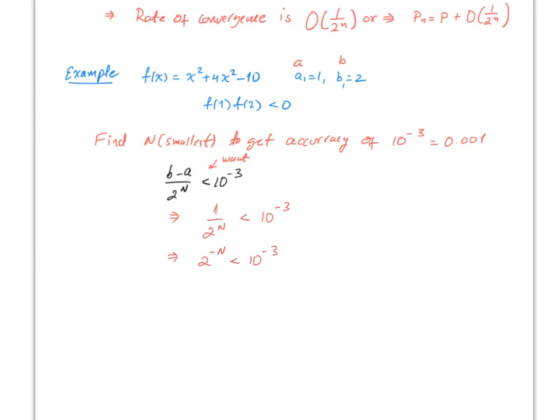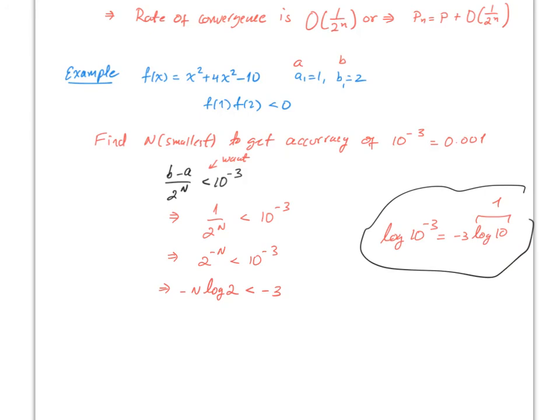In base 10, we will get minus n log base 10 of 2 is less than negative 3. Remember that log of 10 to the negative 3 is negative 3 log of 10, but log of 10 is equal to 1 since we're using base 10.